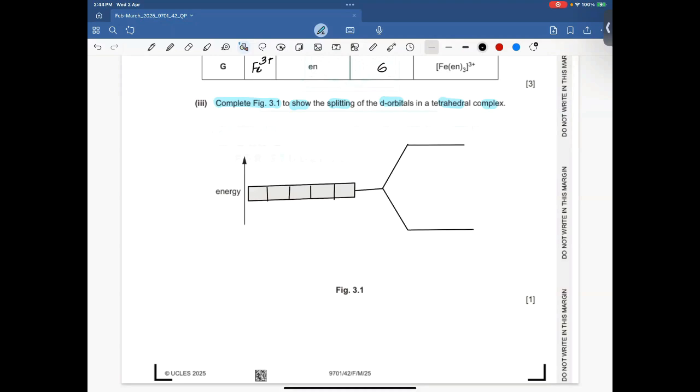The lower energy group is called e, which contains dx square minus y square and dz square. And the higher energy group is t2, which contains dxy, dxz, and dyz.